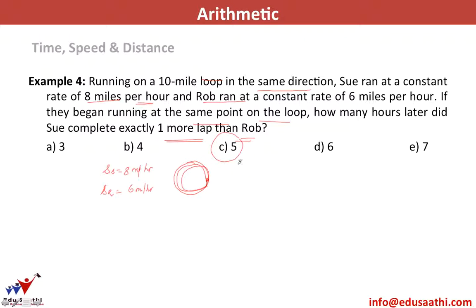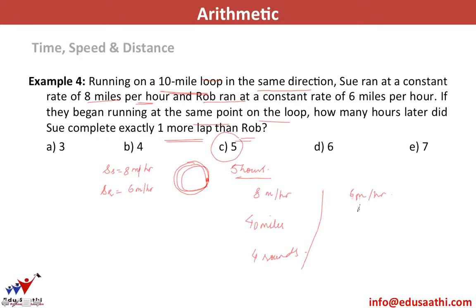So if I talk about 5 hours. Now, my speed for Sue is 8 miles per hour. So in 5 hours, it would have covered 40 miles. 40 miles means, with a 10-mile loop, it would have covered 4 rounds. Now, if I talk about the other one, which is Rob, Rob has a speed of 6 miles per hour.